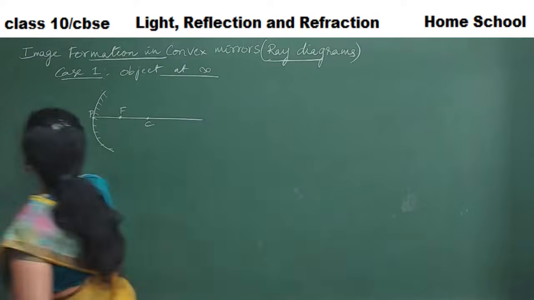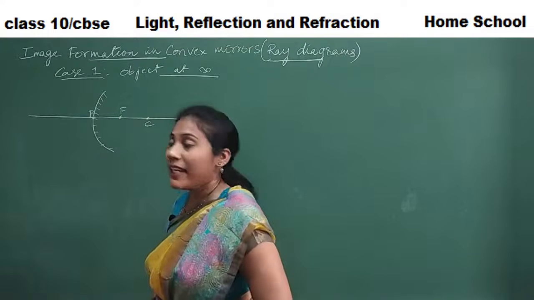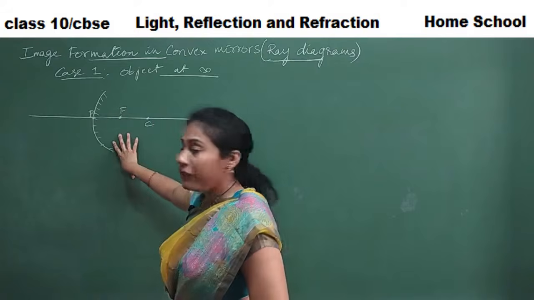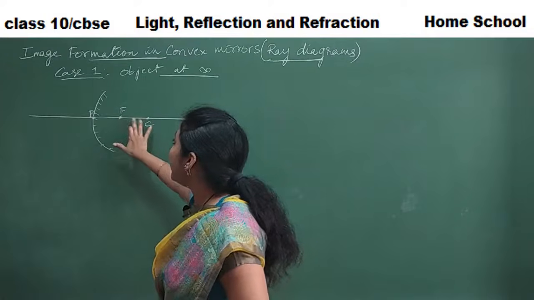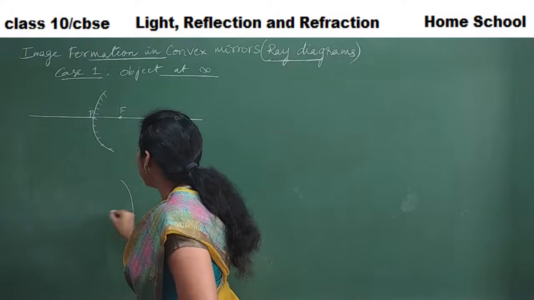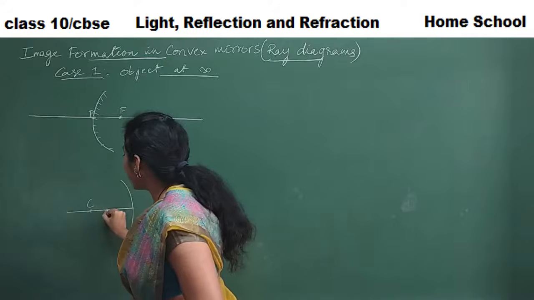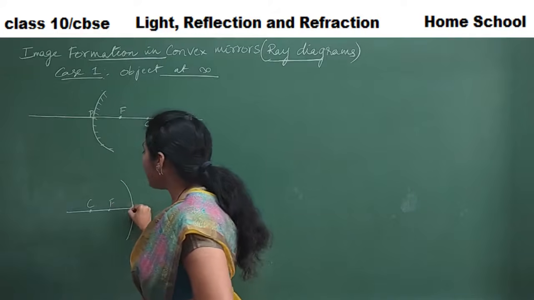And this is our principal axis. In case of concave, the focus point and center of curvature all come in front of the mirror, right? This is our center of curvature, this is our focus, this is our pole.